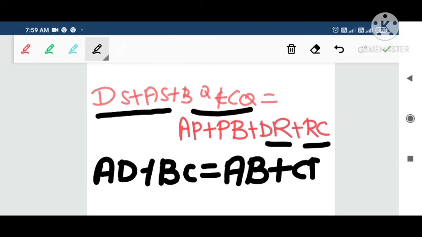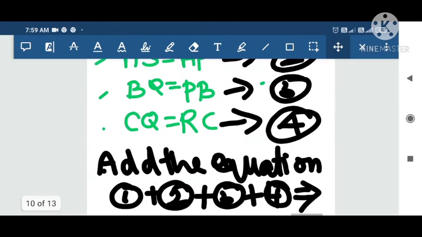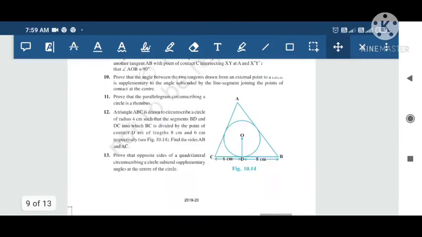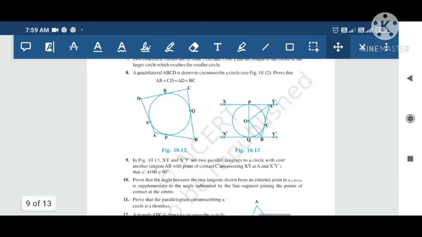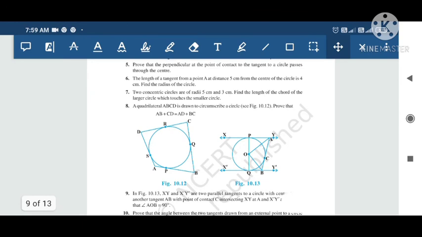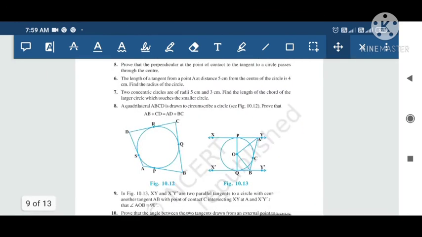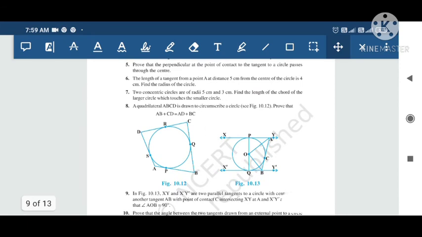So now you just go and observe the question. What do we need to prove? We need to prove AB plus CD is equal to AD plus BC.